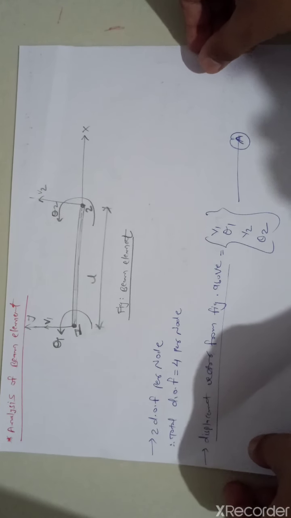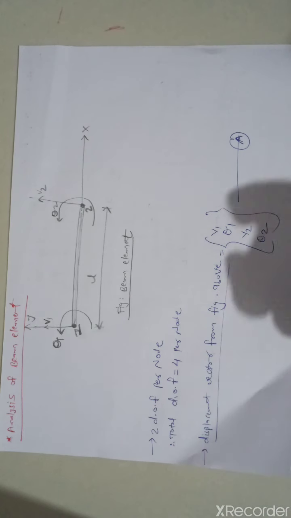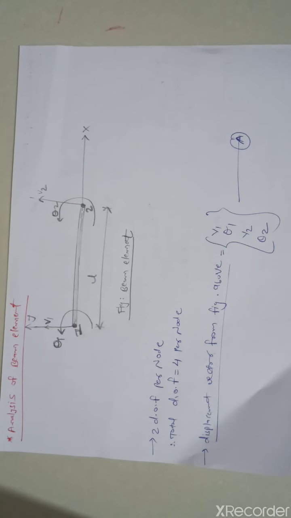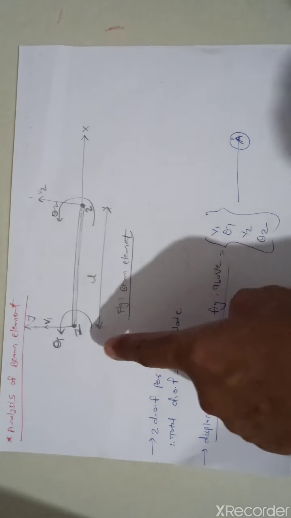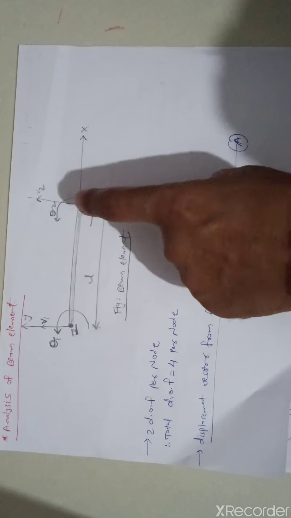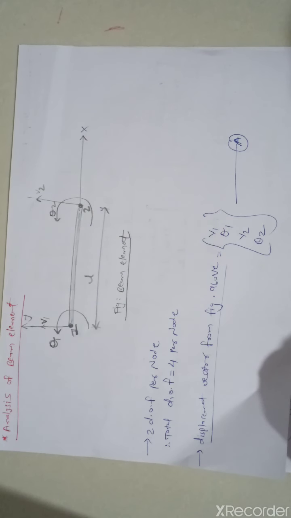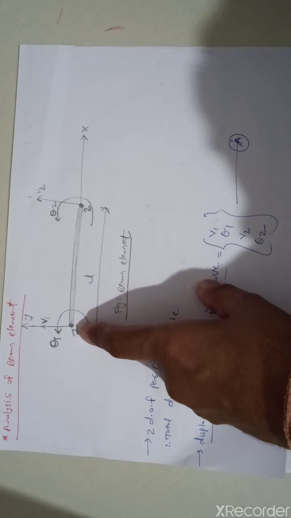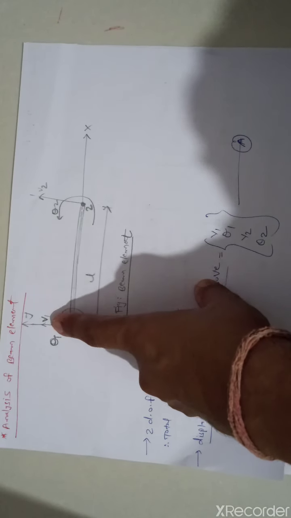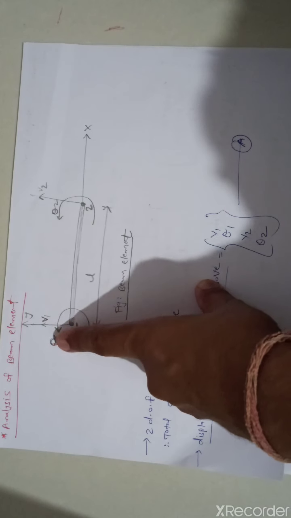Now we discuss the analysis of the beam element. Consider a beam element shown in the figure with 2 nodes, node 1 and node 2. It has 2 degrees of freedom per node, meaning node 1 has transverse deflection v and rotation theta.